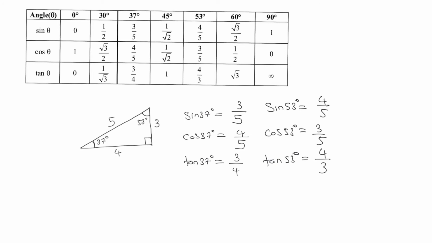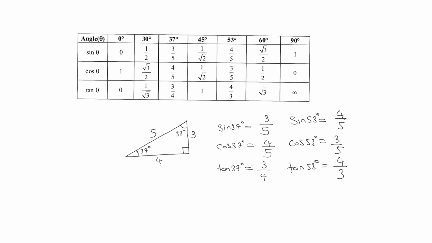So like that, you should remember the values of other trigonometric functions, like sine 0 is equal to 0, sine 30 is 1 by 2, sine 37 is 3 by 5, that we already discussed, sine 45 is 1 by root 2, and etc. You should know the value for each and everything.